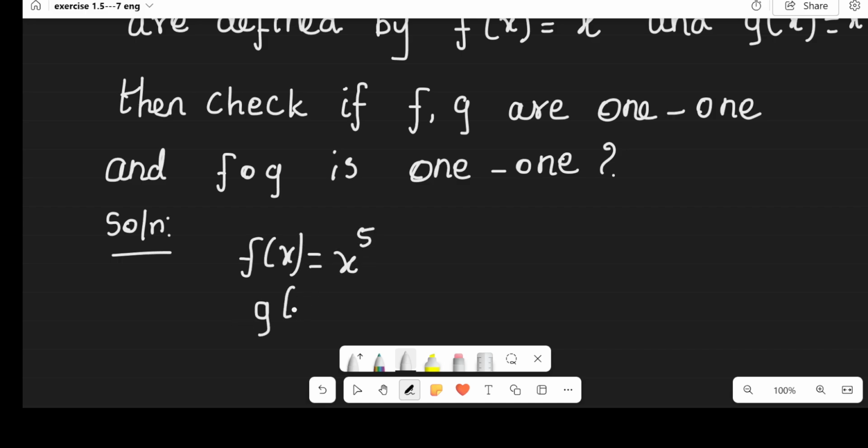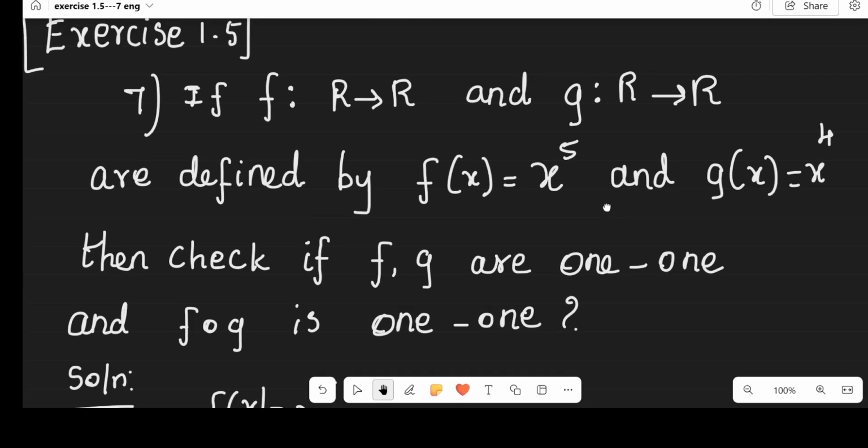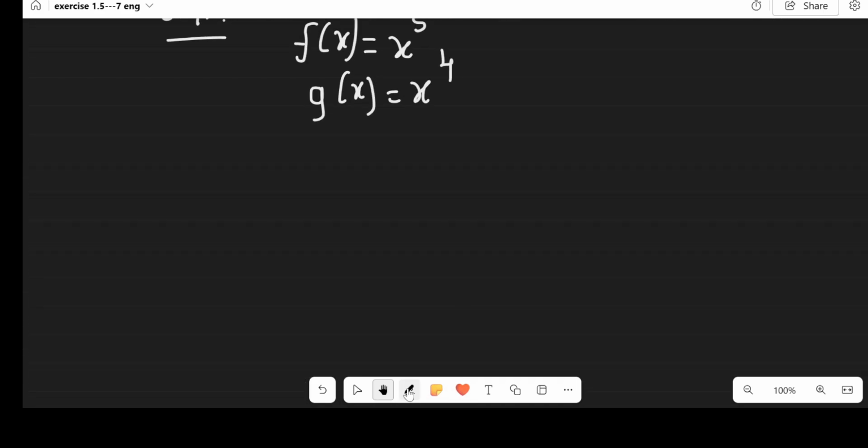Then g of x equals x power 4. That is given in the question. Now we need to check whether f and g, and f of g, are 1 to 1 or not.